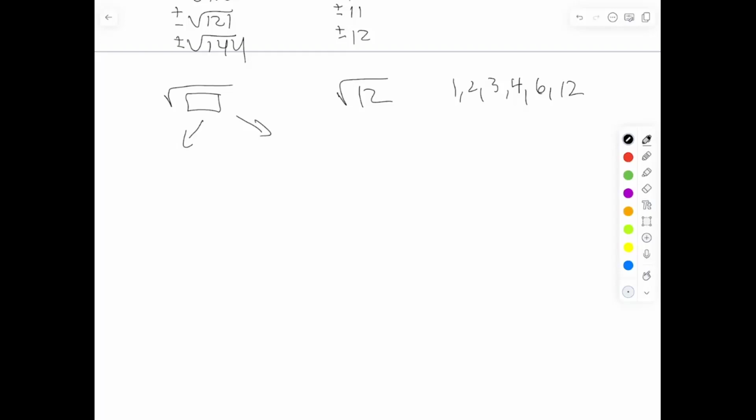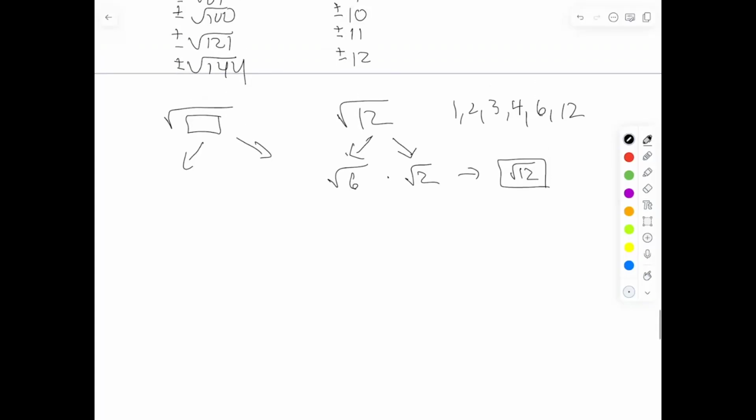Now, if I break this down and I go 6, 2, I know if I multiply these together, I'm going to get square root of 12, correct? Yes. But that doesn't help me break it down. I want to know from this list, do I have a perfect square? Yeah, I do.